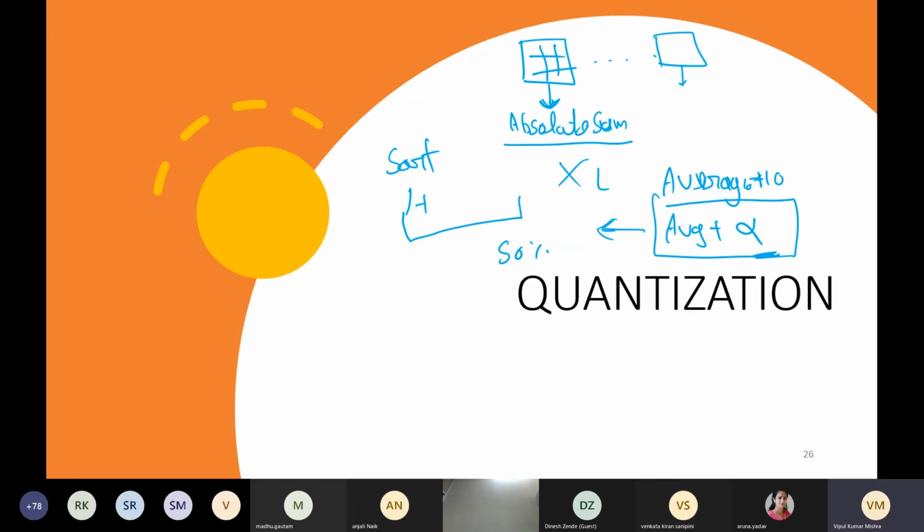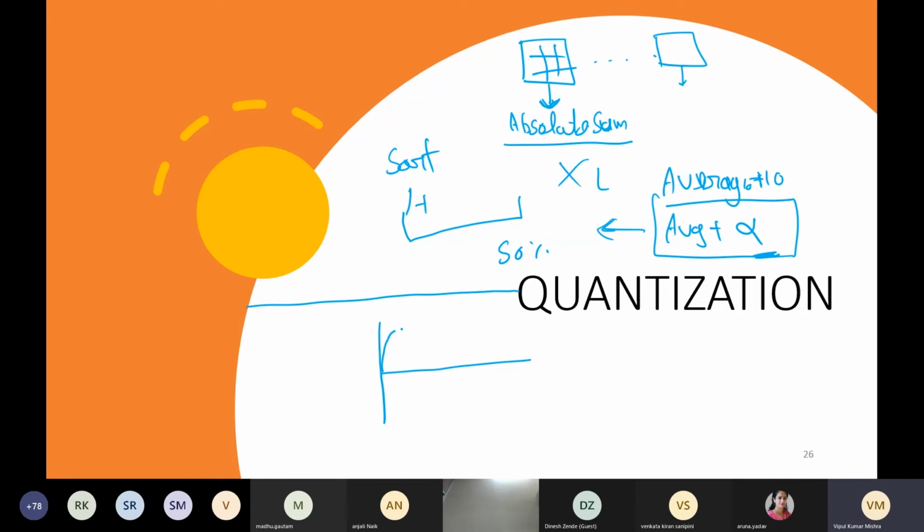Great. Now let's look into another method, the quantization method. If you are able to recall, let me first take you through some basic concepts.